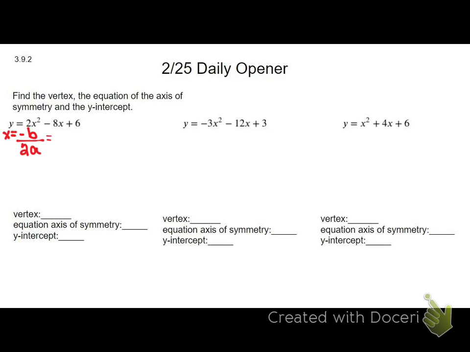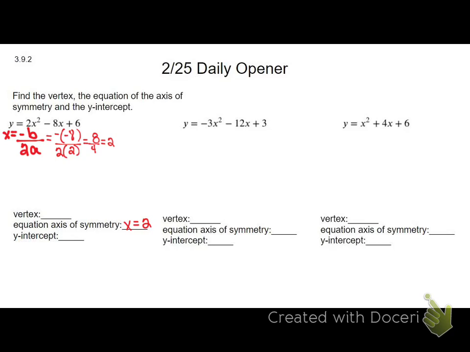Okay, so I'm going to have negative, and then I substitute negative 8 divided by 2, and what do I substitute for a? 2, yep, good. Because remember it goes a, b, c. Negative times a negative 8 equals positive 8, good. And then 2 times 2, and then we divide it out, and we end up with 2. So my axis of symmetry is going to be x equals 2.